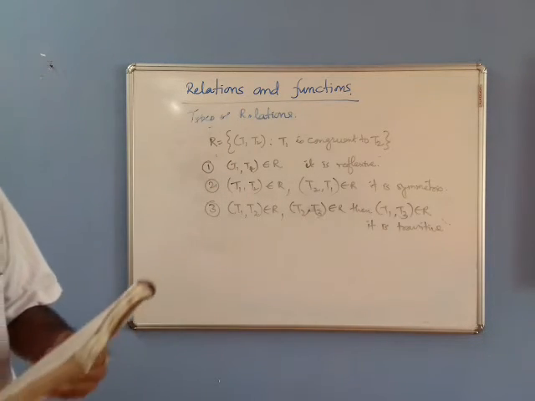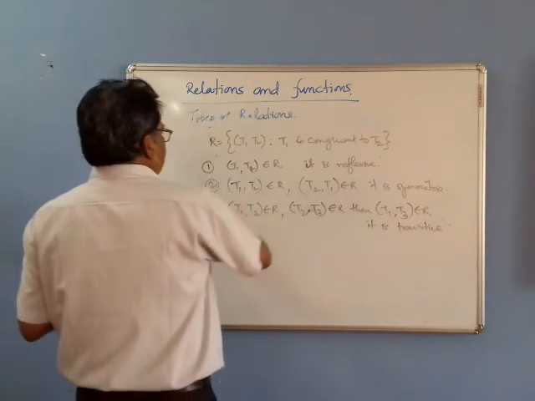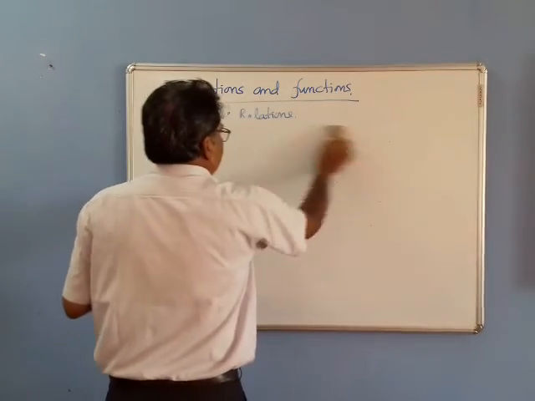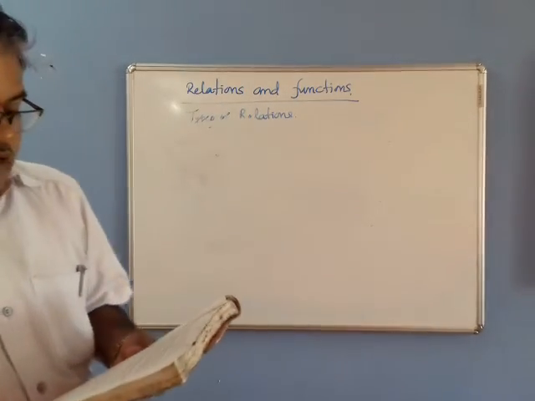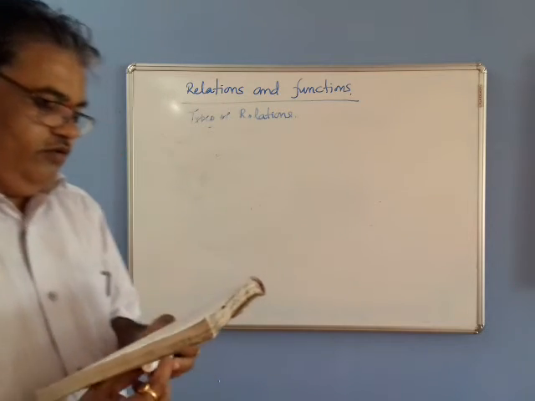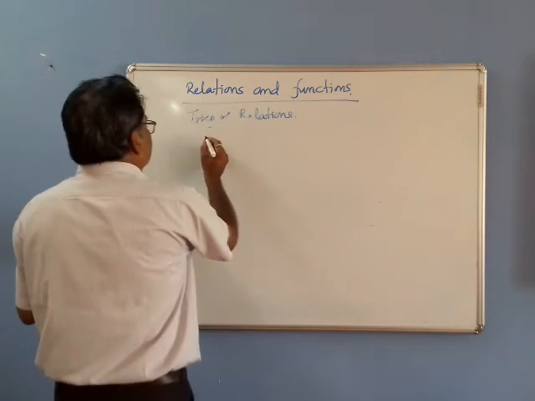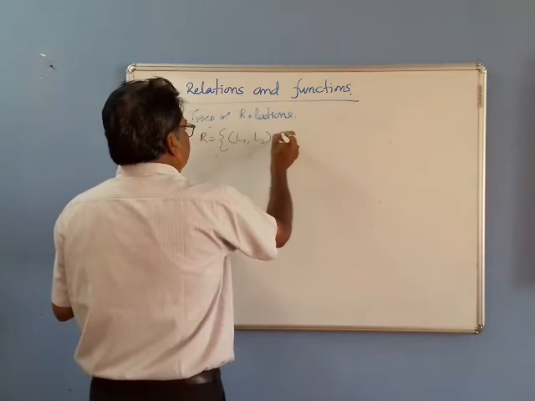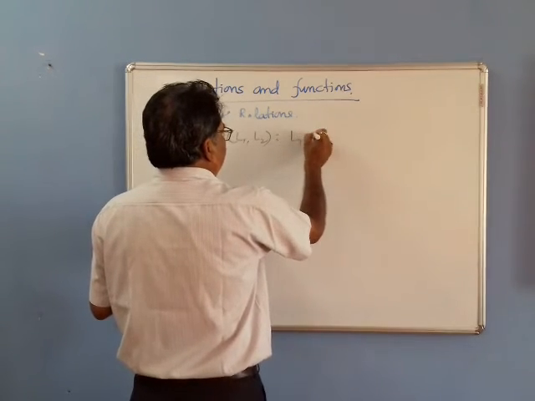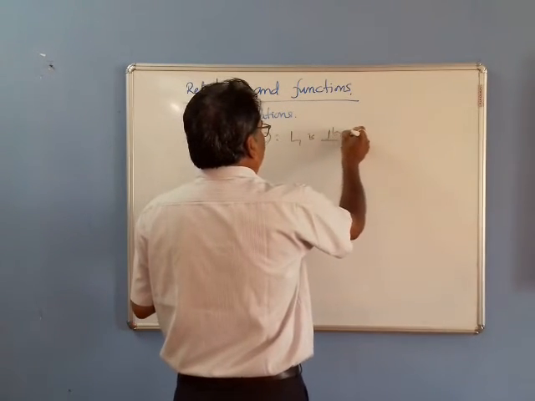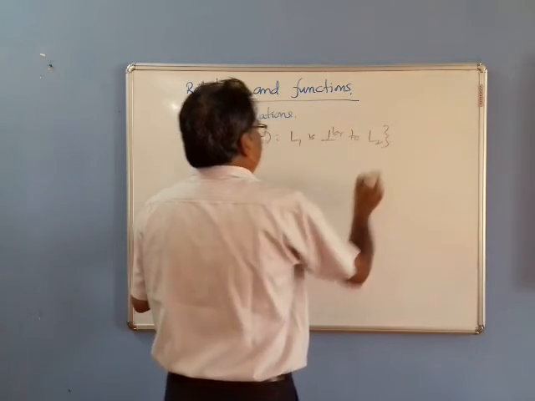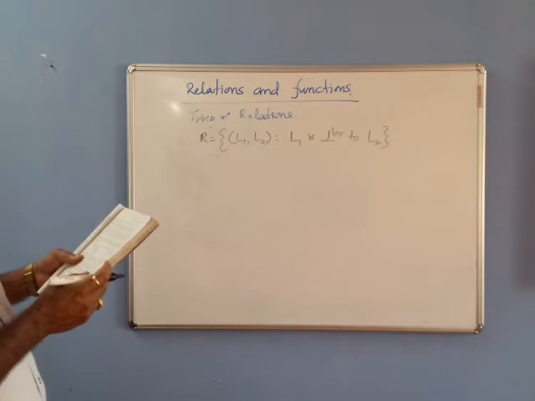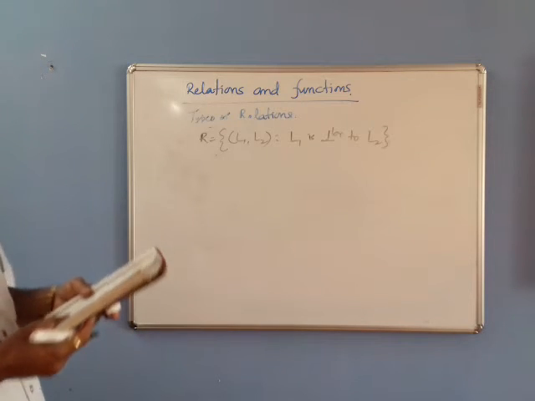Another example is R = {(L1, L2) such that L1 is perpendicular to L2}. Now show that this relation is symmetric but neither reflexive nor transitive.